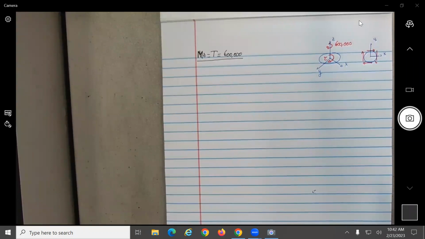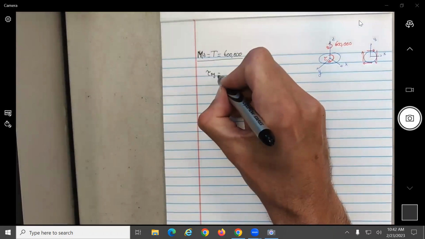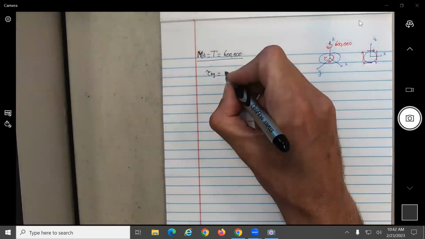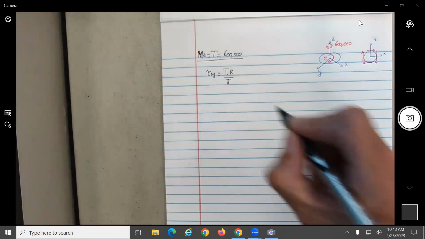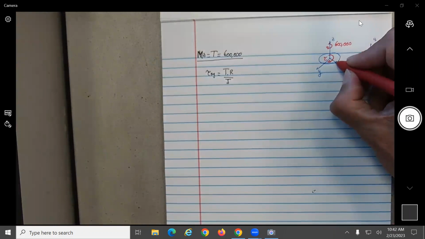It's the same, no? All right, so now this is producing what? This is torque, it's not a force anymore. So that will be equal to what? T R over J. And point A is over here.